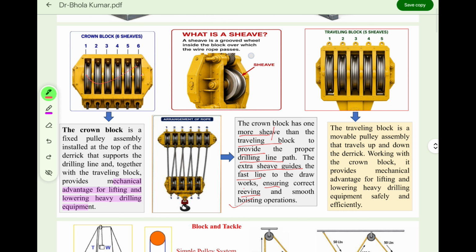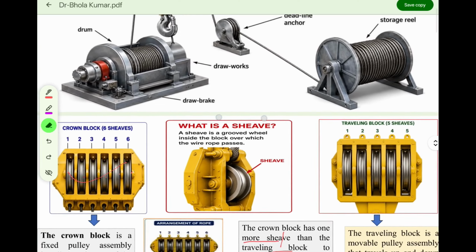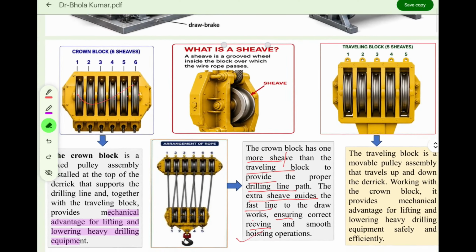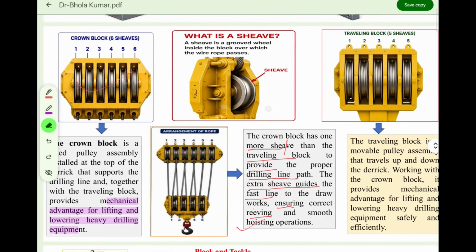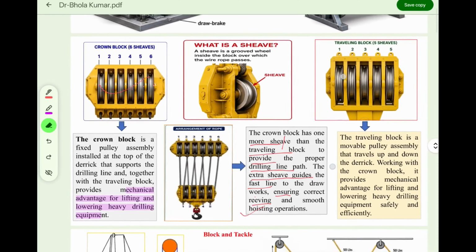Means if you look at the previous figure, there is an extra sieve, and through that sieve this fast line is attached, right? This is how the extra sieve is there.